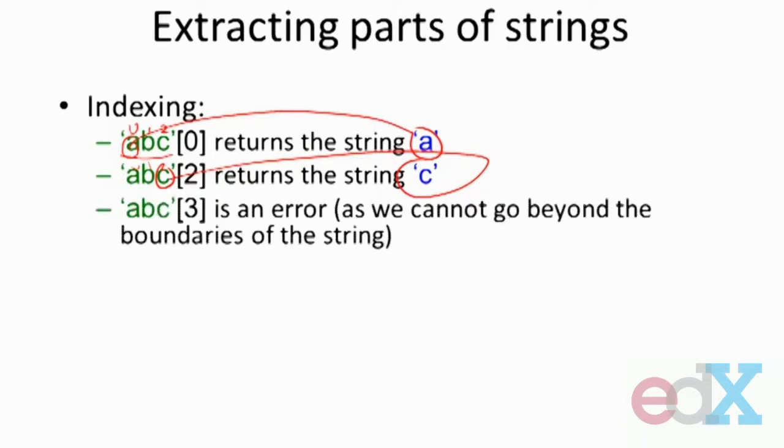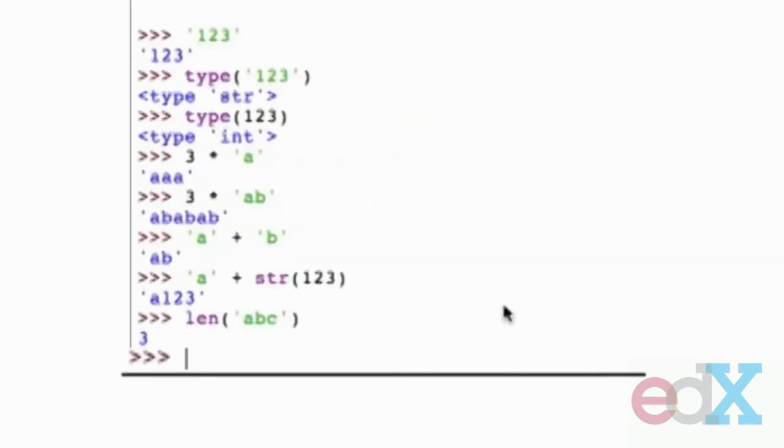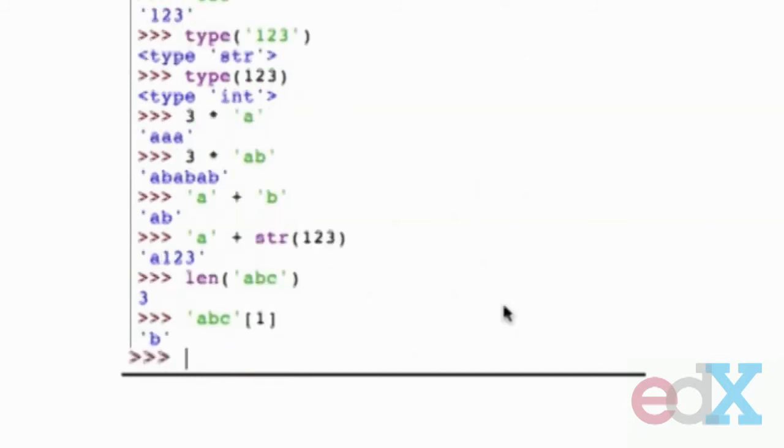If I ask for the 3rd element, remember I start counting at 0, there's 0, 1, 2. The third element, oh, there isn't one, and we get out an error. And we can see this over here. If I, for example, just type it into Python, I can say, give me the string ABC, and I'll take, in this case, the first element, and that will give me B, because I start at 0 and go to 1.